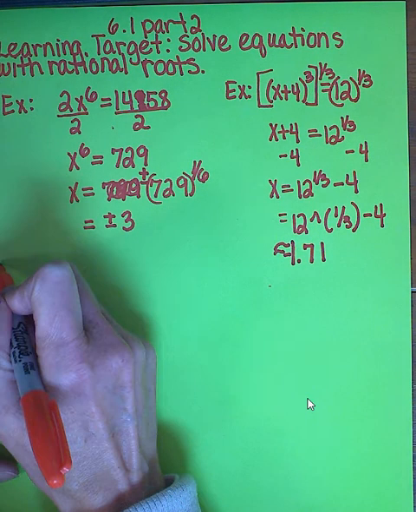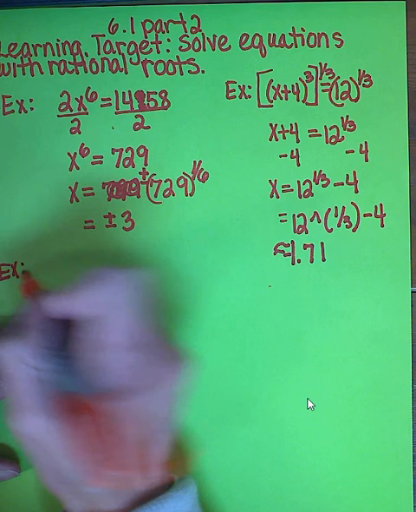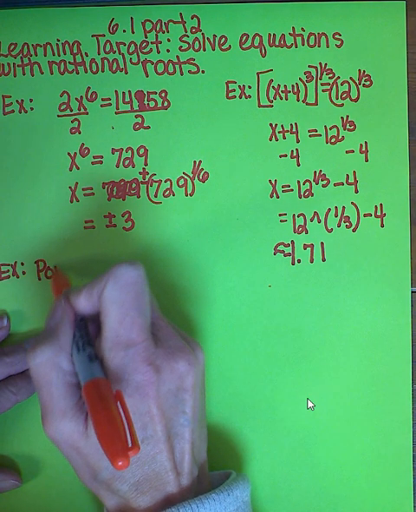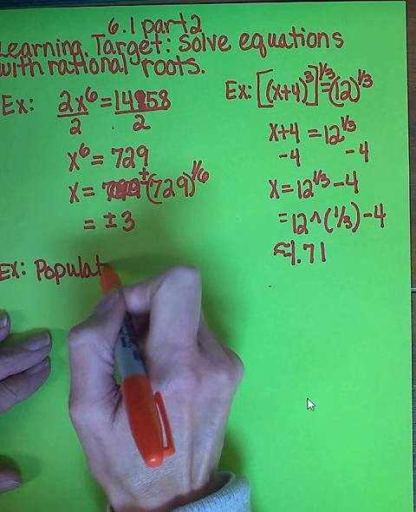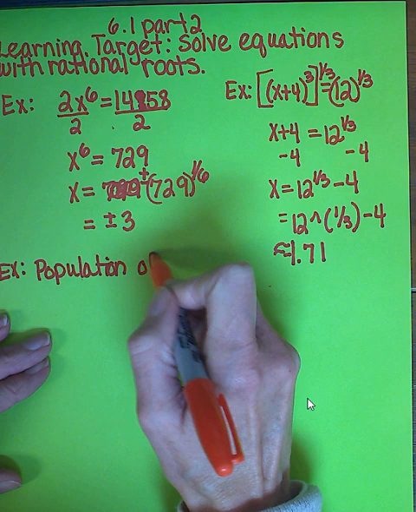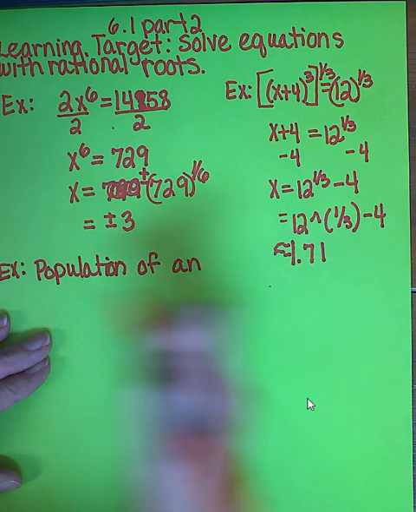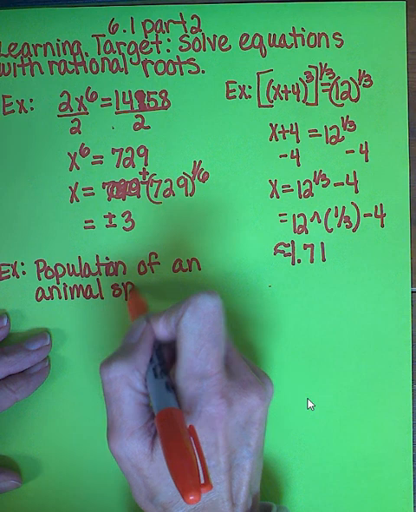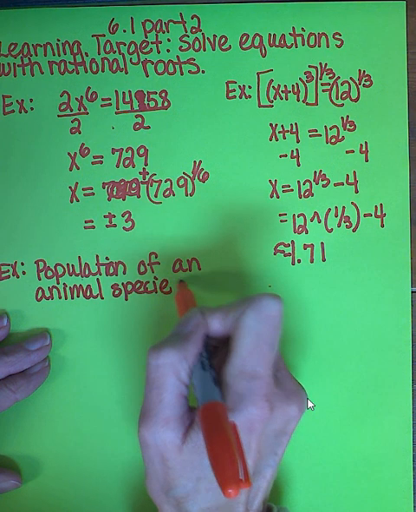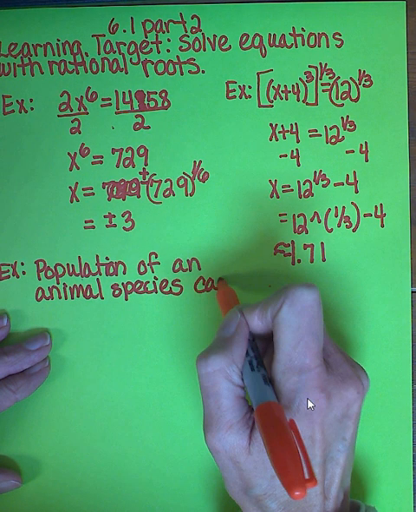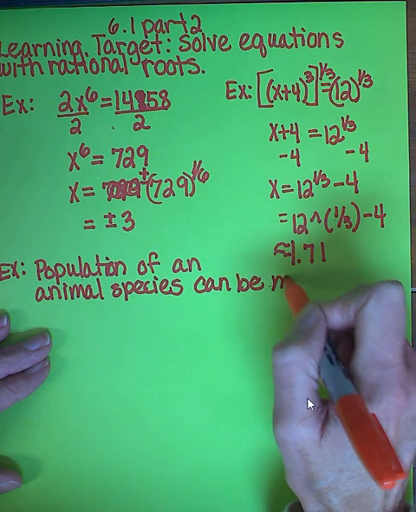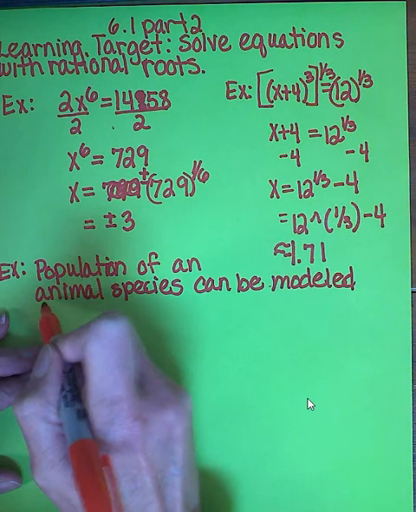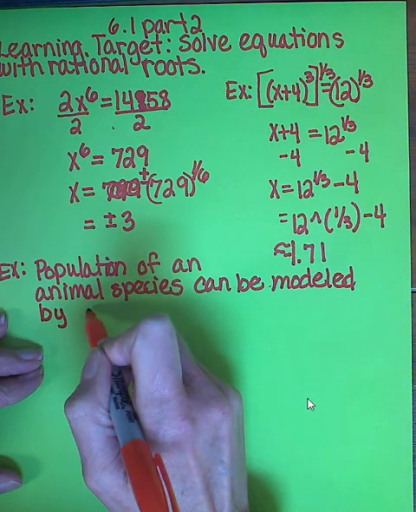Okay, at the end of your assignment, you have a few word problems. Don't skip those. They're not bad. This one says the population of an animal species can be modeled by this equation.